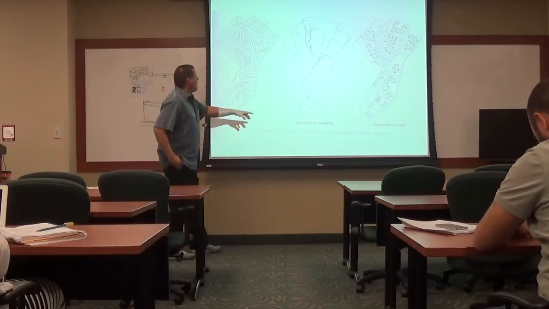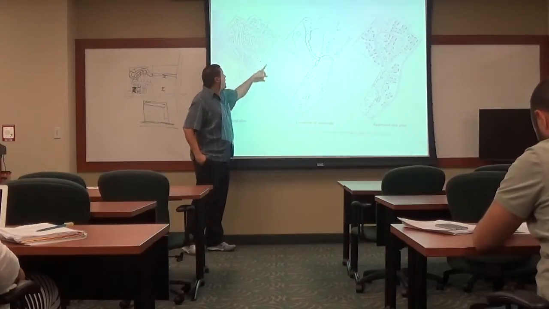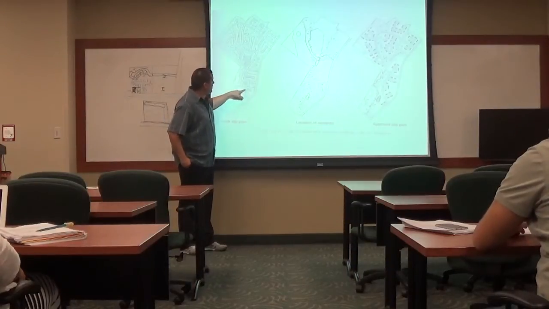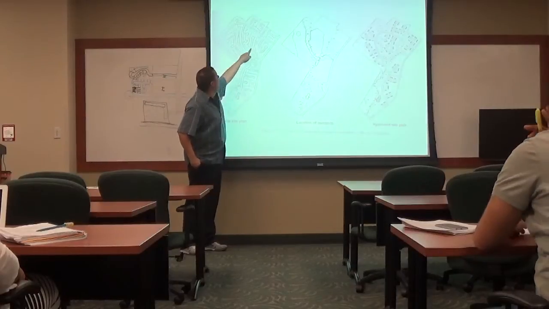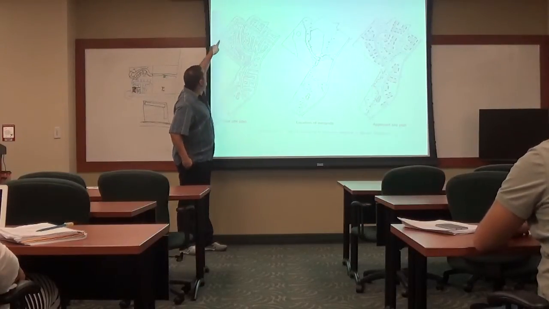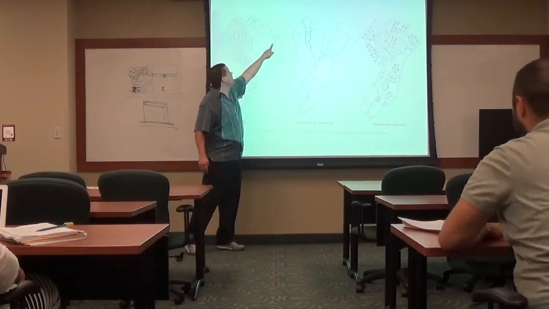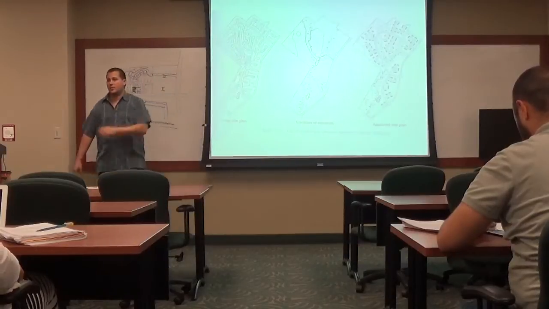This is an example of Bel Air, Maryland. Major road, entrance areas to the subdivision, and then basically the whole subdivision is cul-de-sac after cul-de-sac after cul-de-sac. A little bit interesting circulation pattern here, but this is just one grid with more cul-de-sacs than streets.